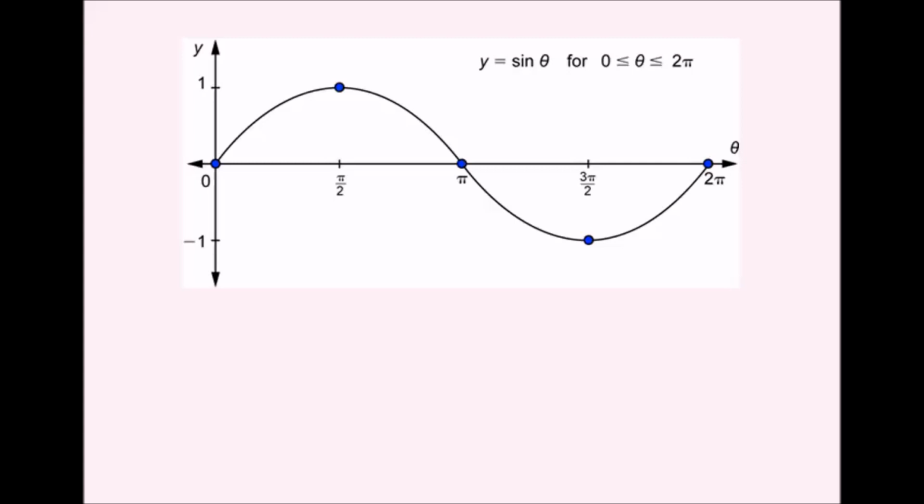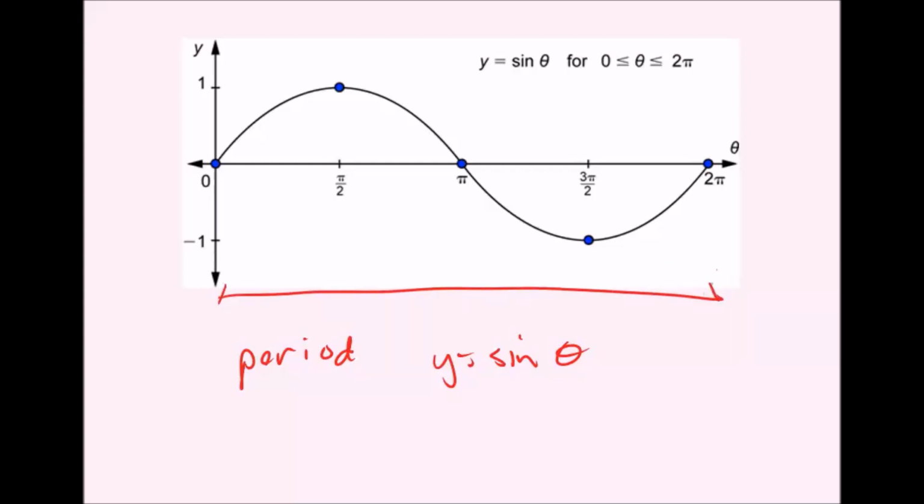There are a couple key features of this graph that we need to point out. The first thing is the graph's period, which for the graph of y equals sine theta, or y equals sine x, is 2 pi. And the period is exactly how long it takes this to complete one cycle. So if we kept drawing this, it would do something like that, and that just repeats what we started with over here.